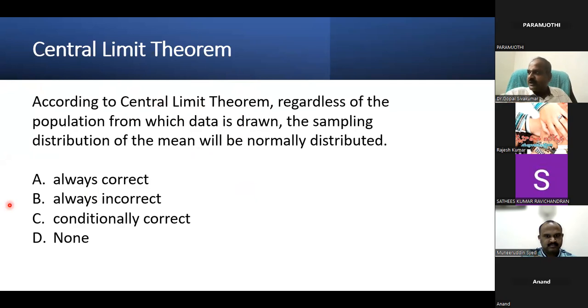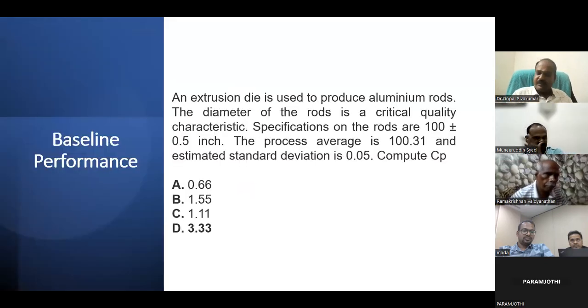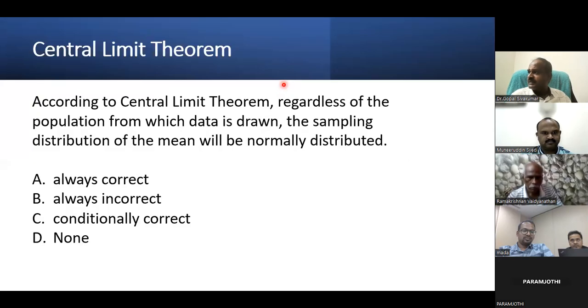Do you understand what this is telling? Let the population follow any distribution, but the sampling distribution of the mean, sampling meaning you are taking multiple samples, the mean value will be normally distributed.